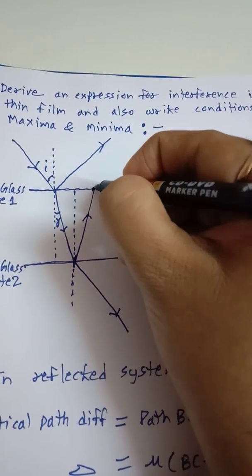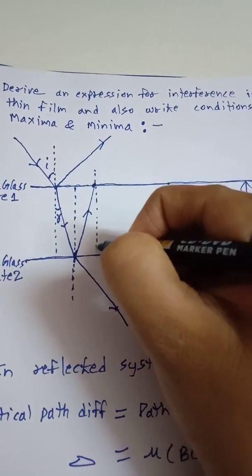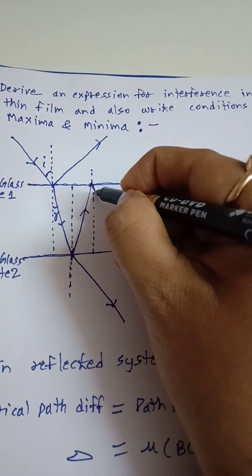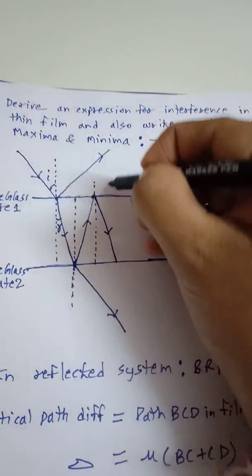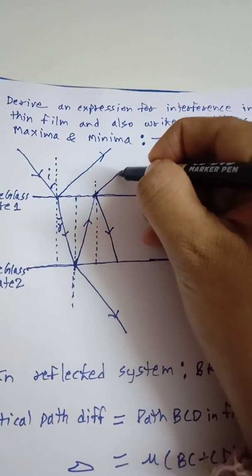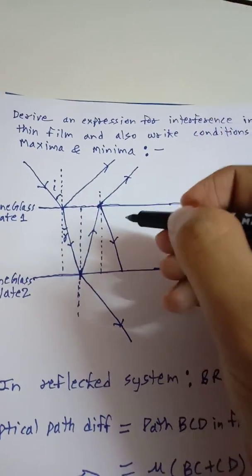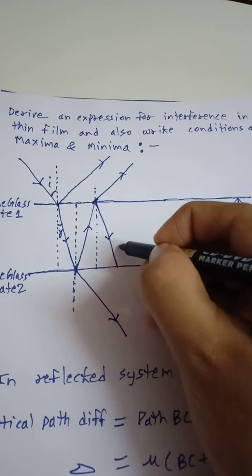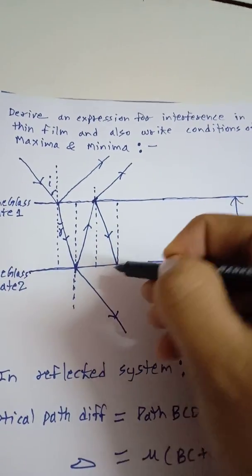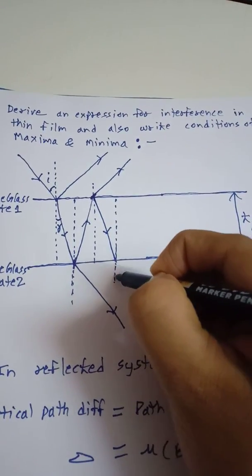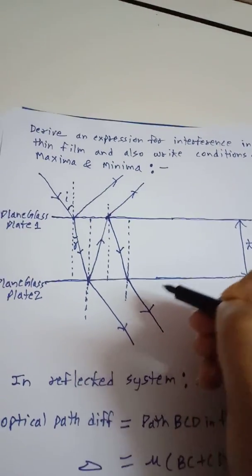Further at this point, where it is incident, the normals are drawn and rays will be reflected. And here it will be reflected through multiple reflection from the lower surface, and at this point also normals can be drawn, and here also the rays can be refracted. So in this way there is multiple reflection.